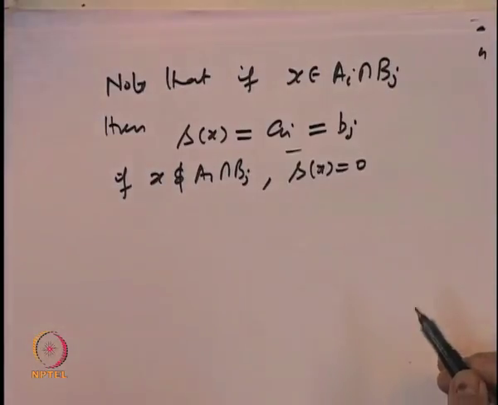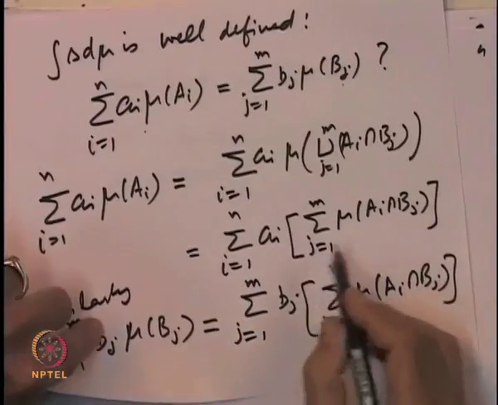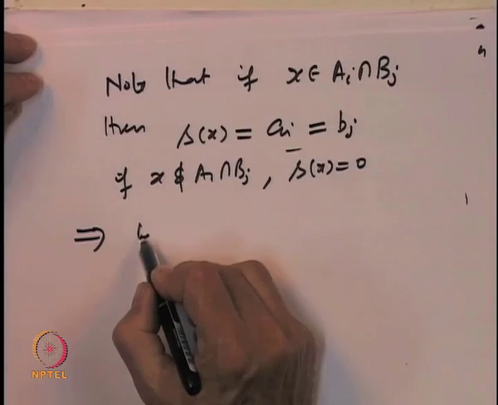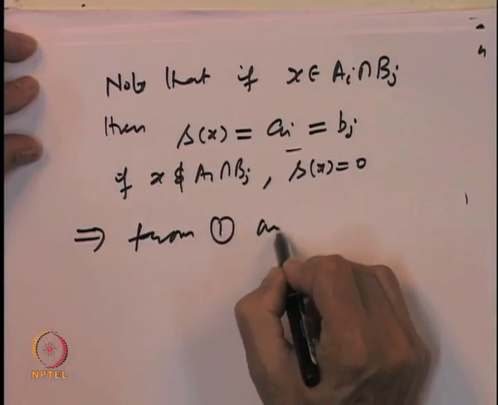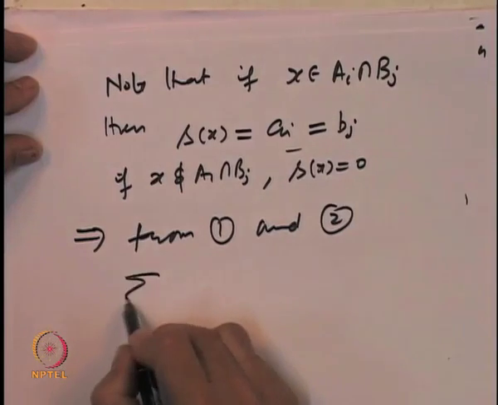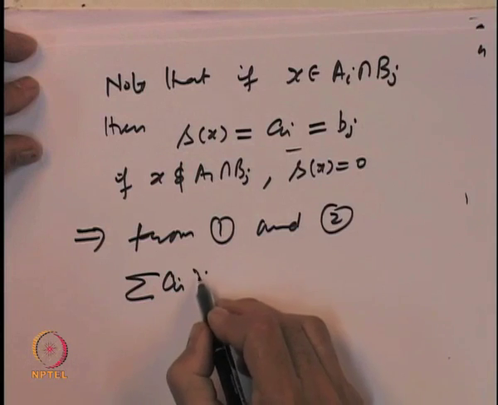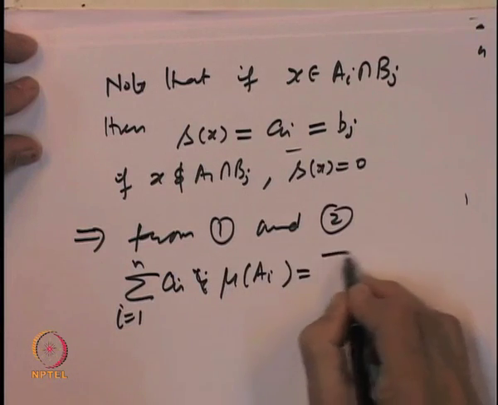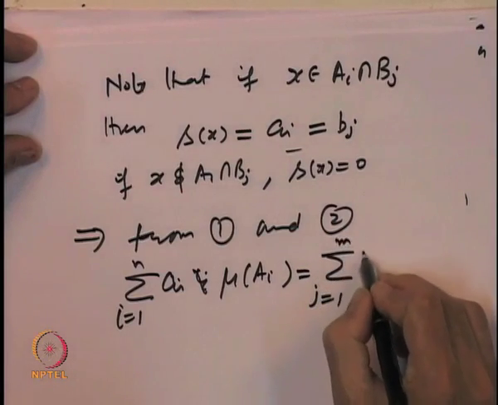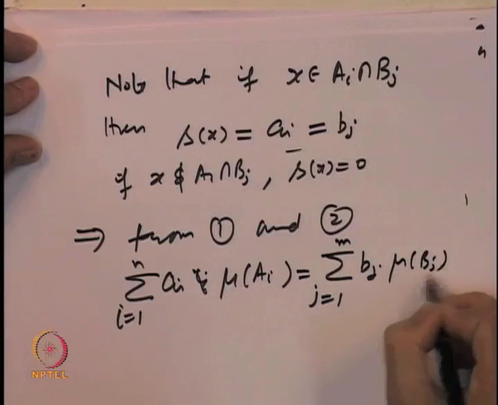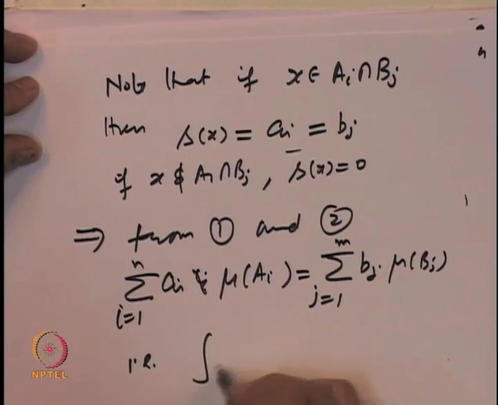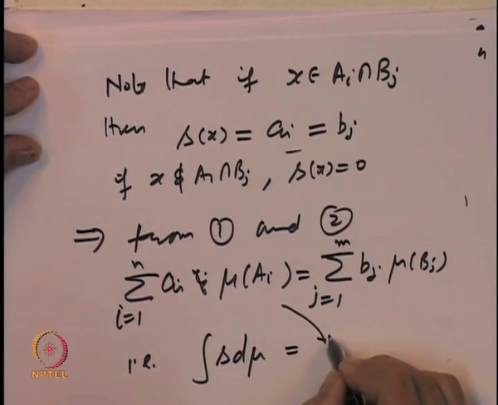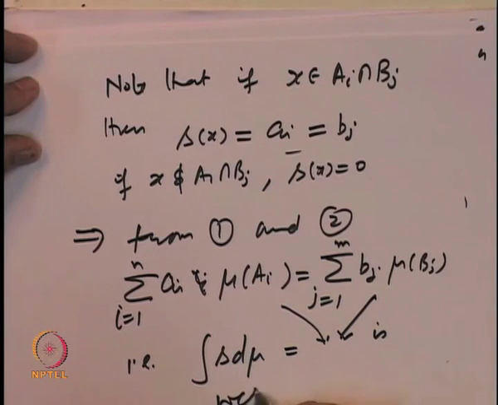So, that implies from equation 1 and 2 that the sum over i equal to 1 to n of a_i mu of A_i is equal to the sum over j equal to 1 to m of b_j mu of B_j. So, the integral of S d mu can be defined as either of these sums, and is well defined.